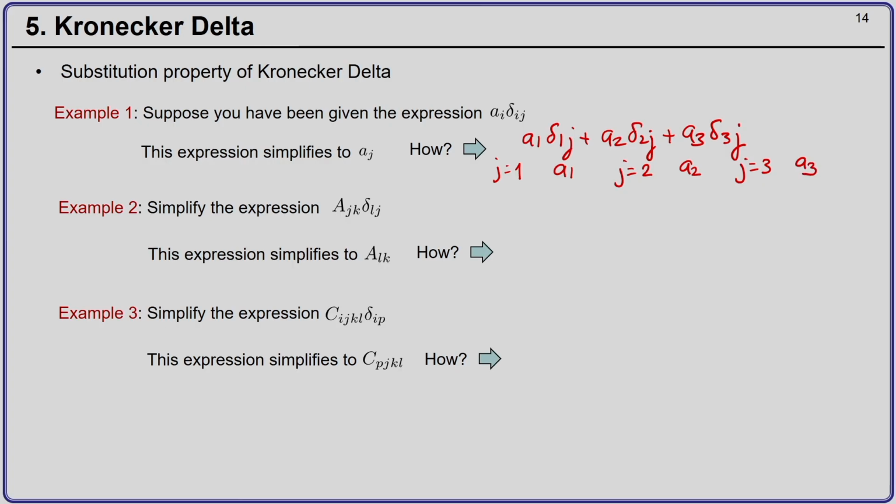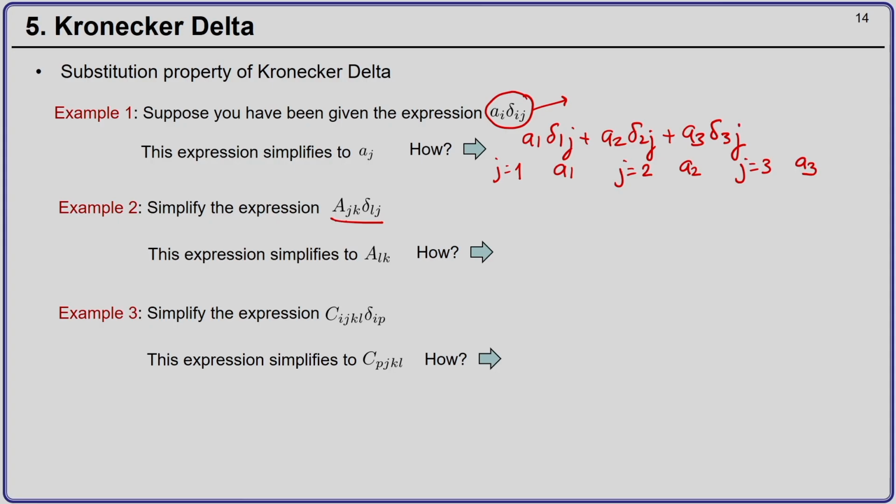So, you can see in this particular expression, the Kronecker delta has replaced the index of A by j. That is called the substitution property. The i has been substituted with j. Now, if you have another expression Ajk delta lj, again you can see the common index between the Kronecker delta and A is j.